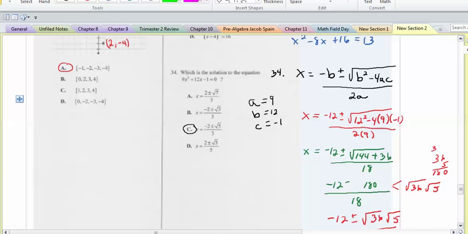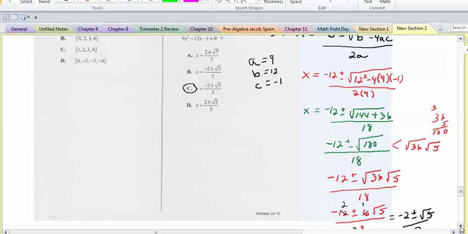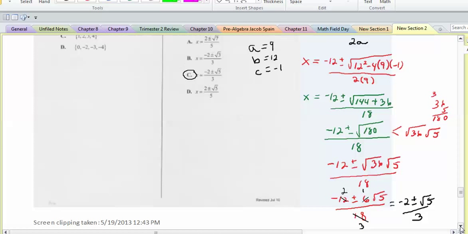Okay, so on this one, it looks like it got erased a little bit. So I did all the math. I took the square root. We have the square root of 180. Well, that's not a perfect square, but I broke it down into radical 36 and radical 5, because 36 times 5 is 180. And then I took the square root of 36. We got 6. I kept the radical 5.